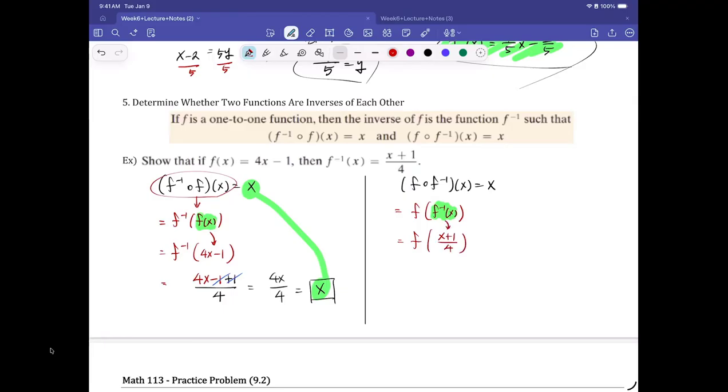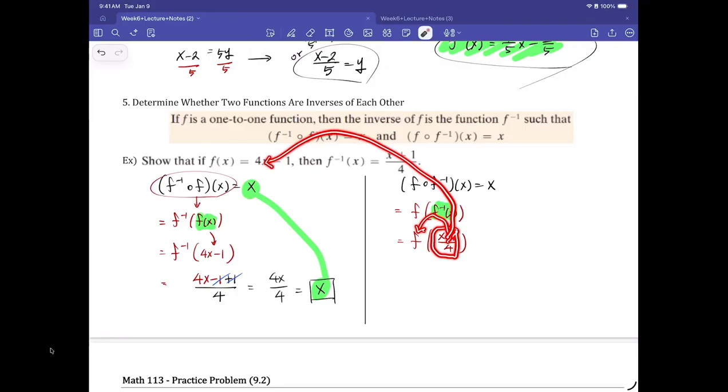That's the f inverse. And now this x plus 1 over 4, you have to plug into the f function.